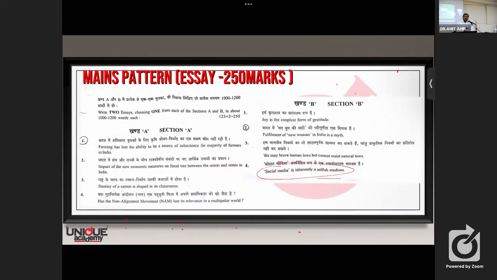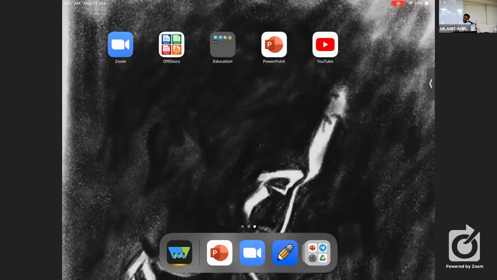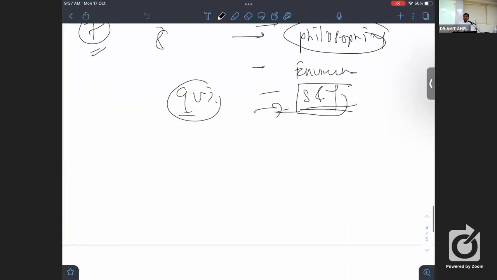So in every essay paper you will find at least one essay from science and technology, and you won't believe, 90% students they go for science and technology. तो इसका मतलब ये नहीं कि मैं दूसरा लिखूंगा impression डालने के लिए, ऐसा नहीं होता.